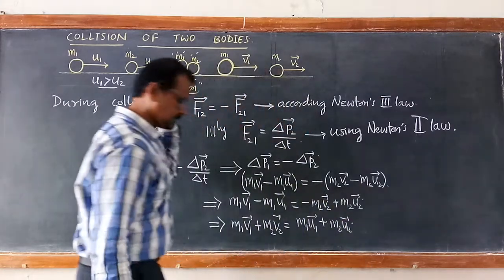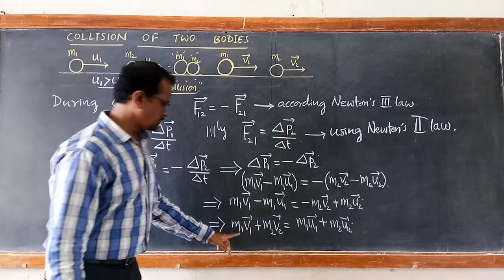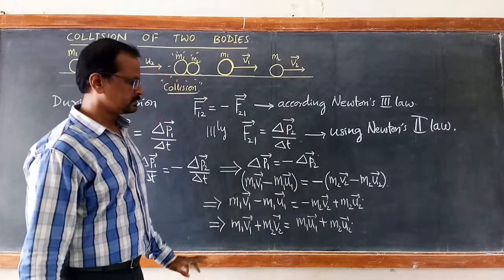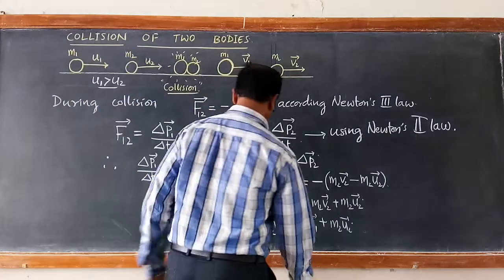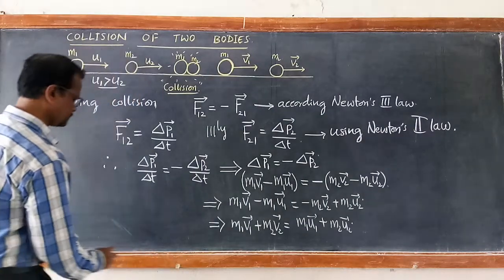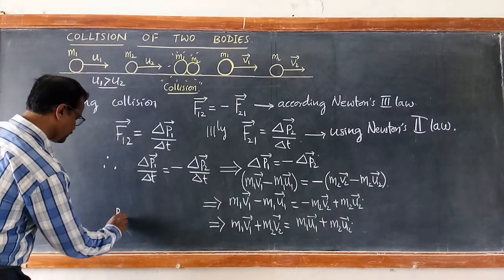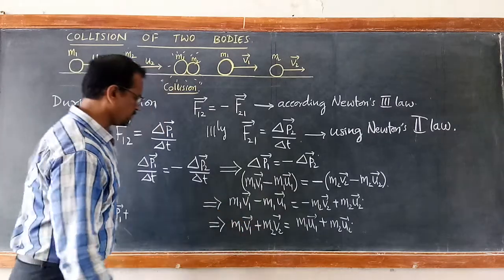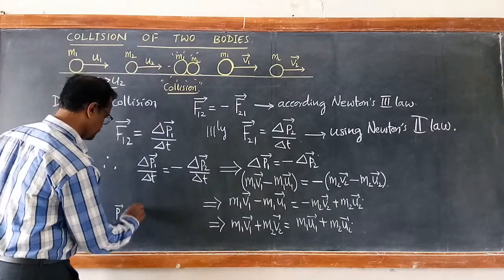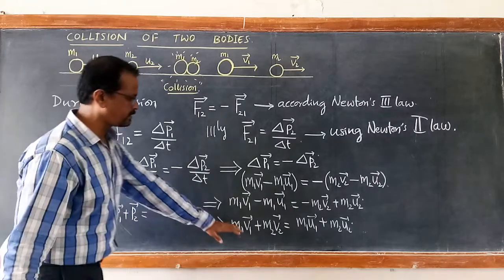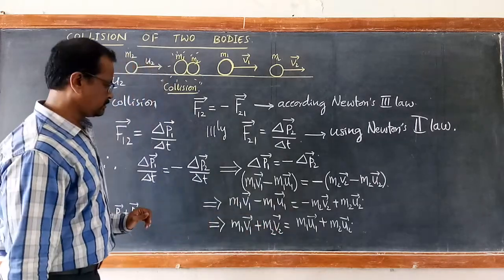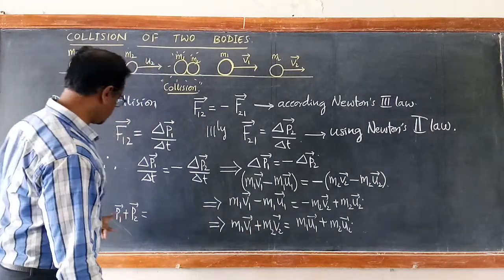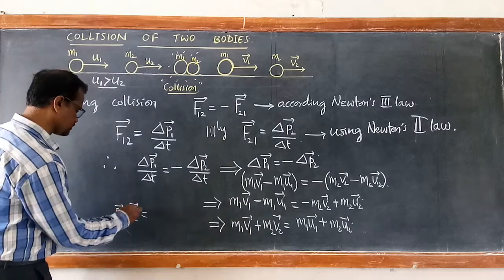Yes. Now look at this. This m1 v1 gives us p1, momentum of the first particle. What does this give you? p2, momentum of the second particle after collision. You can write it as p1 dash, p2 dash.